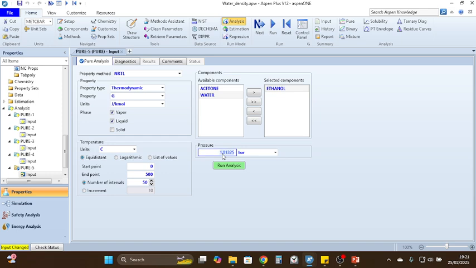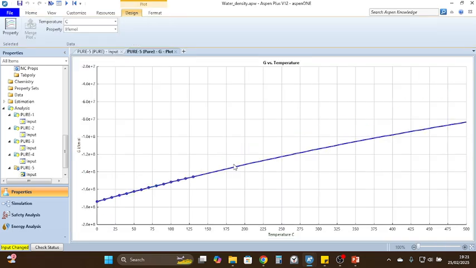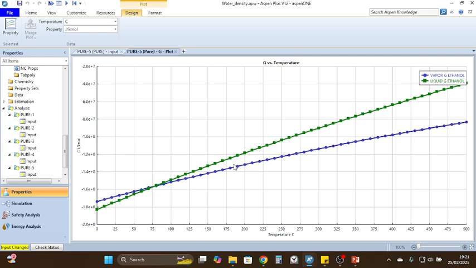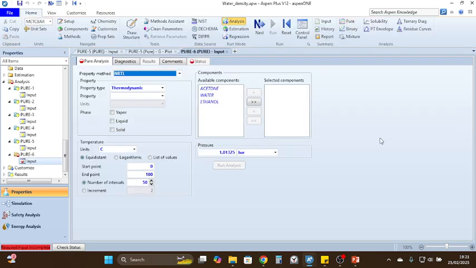So this is for 1 bar. This is the vapor phase of ethanol and this is the liquid phase of ethanol. The Gibbs free energy of mixing. Next, let me see if I can merge the two graphs at two different pressures.